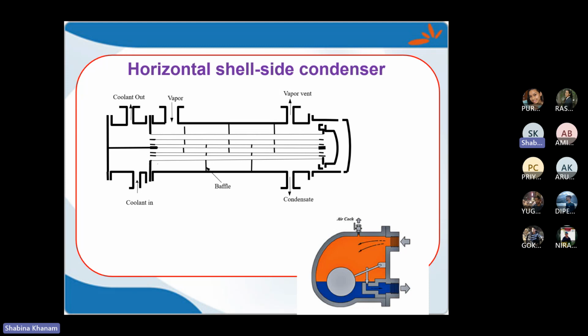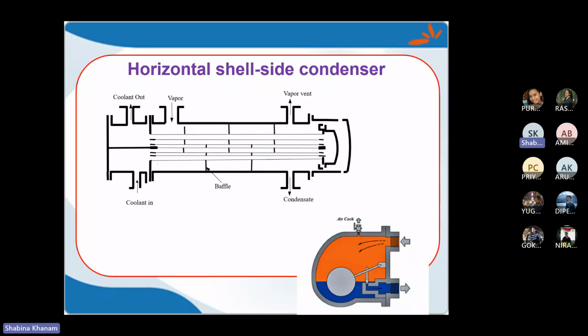The first change is the baffle spacing. If I am considering condensation on the shell side, the baffle spacing should be equal to the shell diameter. Otherwise it is similar where I have condensation on the tube side. So on the shell side we have normal sensible heat transfer, and we have the normal consideration as discussed in shell and tube heat exchangers.